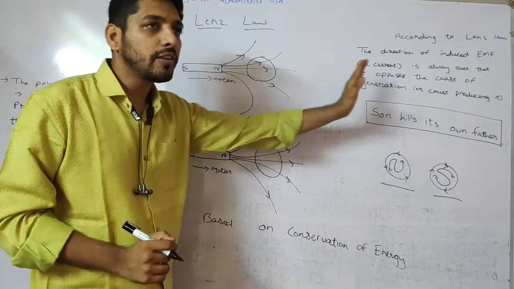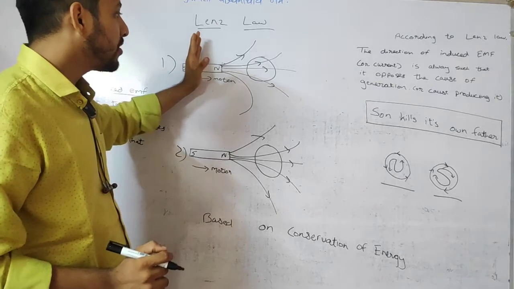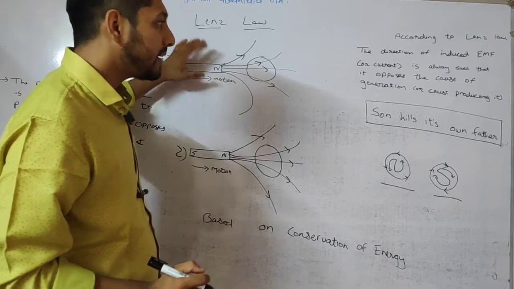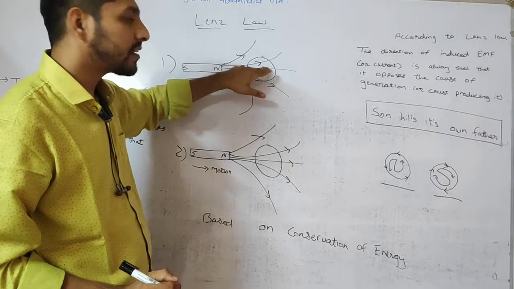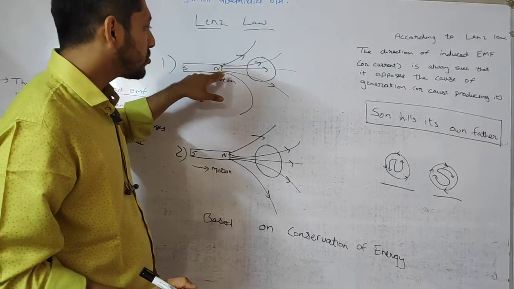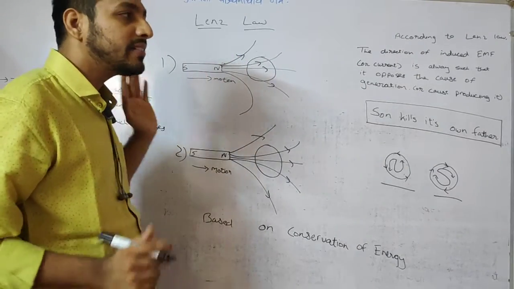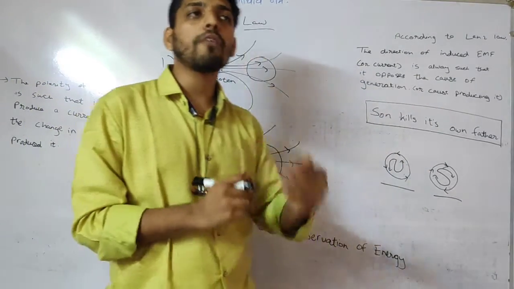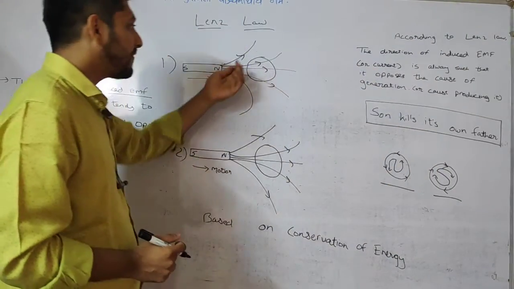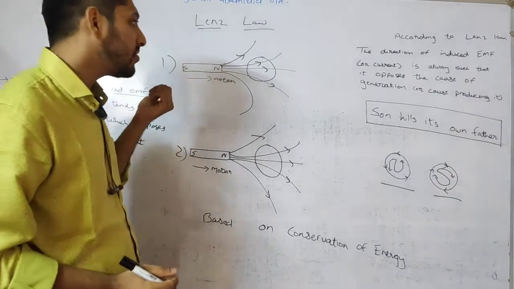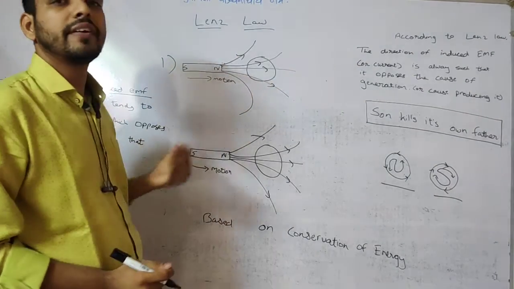If I give motion in the forward or reverse direction, any direction, what will happen? If I move the magnet in this direction, the number of flux lines cutting the coil will increase, because as it goes nearer, more lines pass through the coil. Similarly, if I move it backwards, in the reverse direction, the number of field lines crossing will keep decreasing.